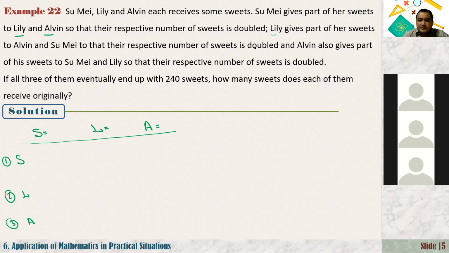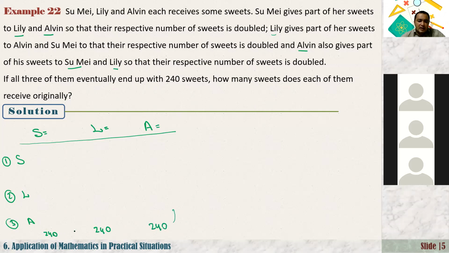The last part says Alvin also gives part of his sweets to Sume and Lily, so that the respective number of sweets is doubled. If all three of them eventually end up with 240 sweets, how many sweets does each of them receive originally? Eventually, Sume has 240, Lily has 240, Alvin has 240.